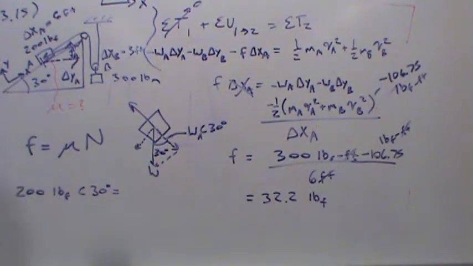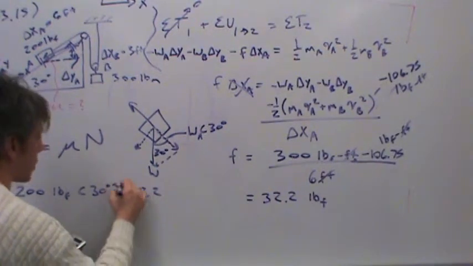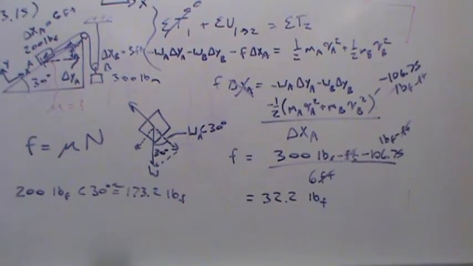This is the one that's not quite as easy. It's 0.866 something, I think. So let's take cosine of 30 multiplied by 200, and you get 173.2 or so pounds force. That's the magnitude of the normal force.